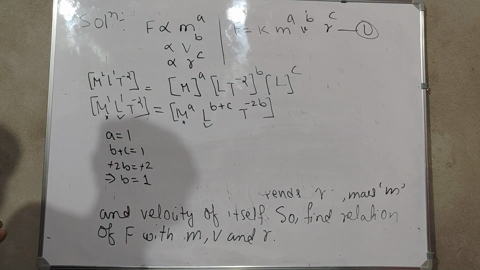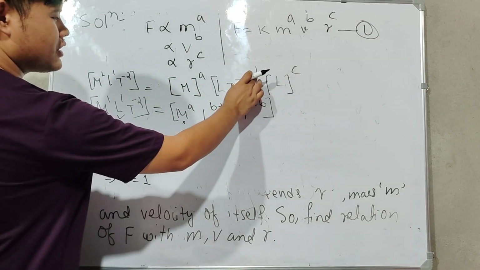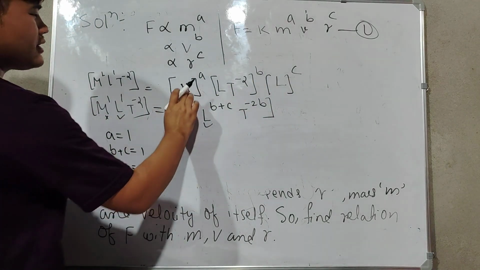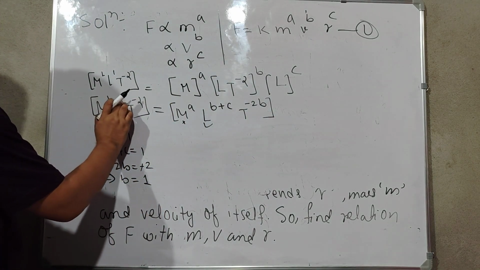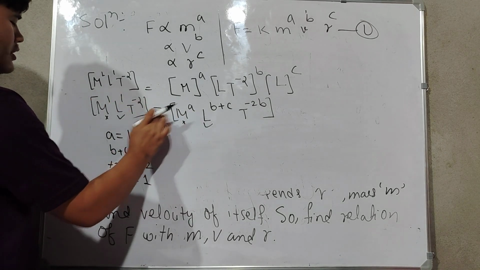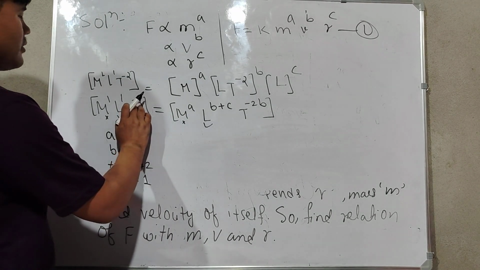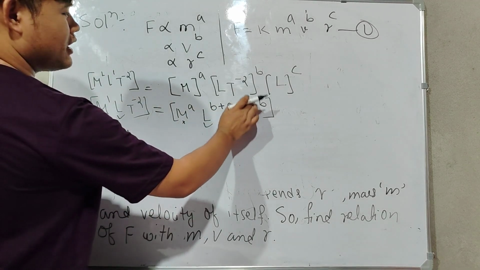Is it correct? L is equal to B plus C. Yes, M^A, so M^1, L^1, right? So B plus C is equal to 1. T, so T minus 2. And then T, how much did we get?